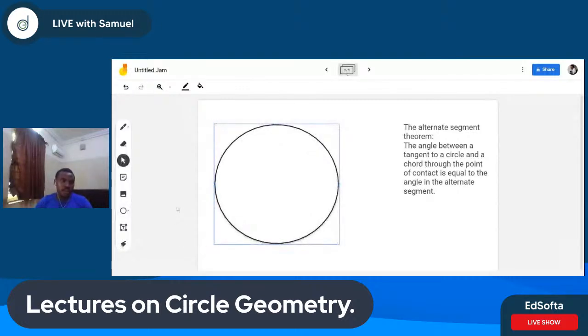So we have this. Let's draw a straight line. Please just bear with the lines, they might not be all that straight because I'm not using a ruler.